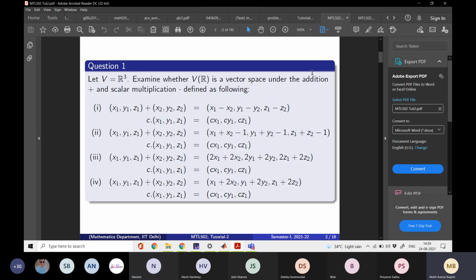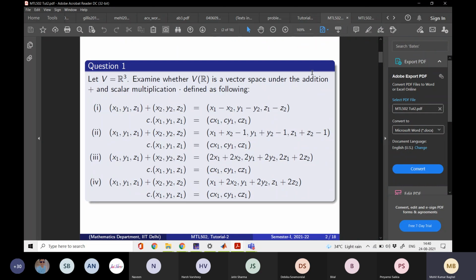So you can see there are various examples. Have you tried to prove that R over C, or C over R, or R over R is a vector space? If you check these 8 properties that you have told me, have you tried at least for one example, verifying all 8 properties?